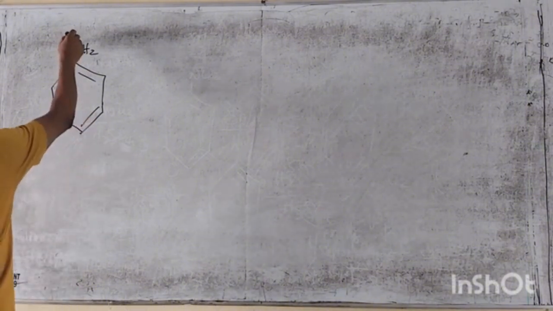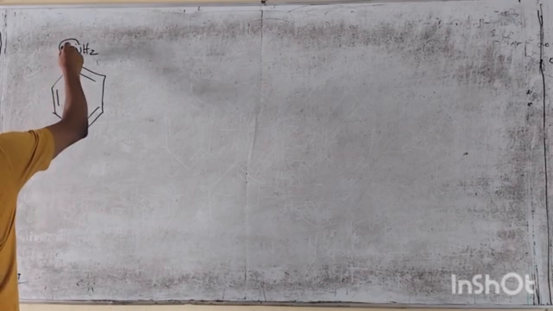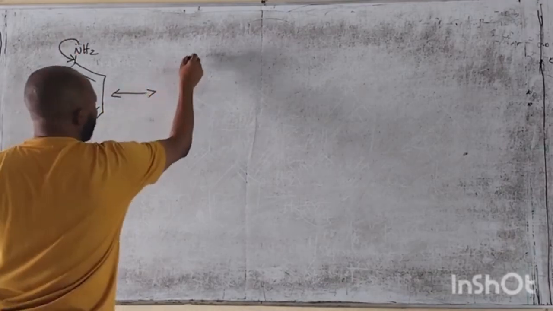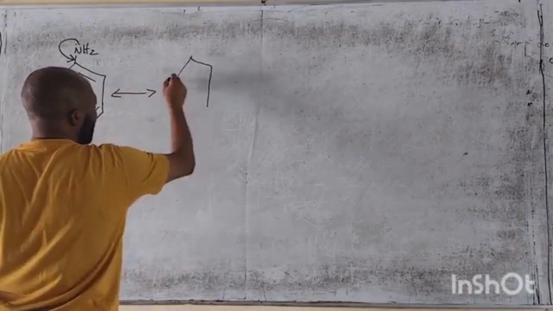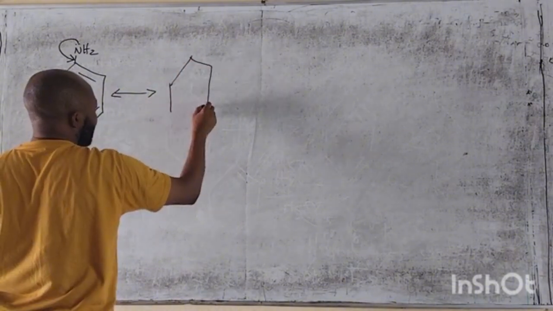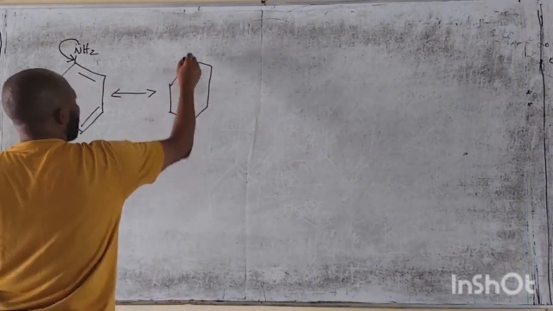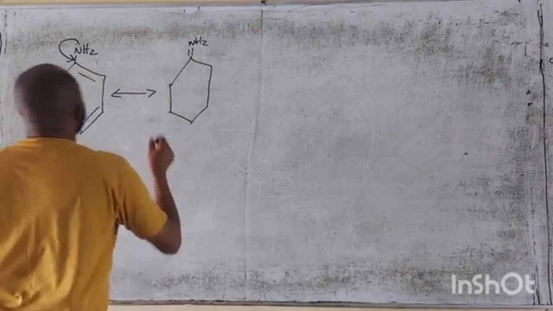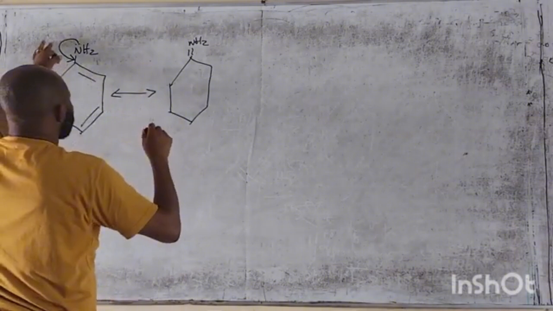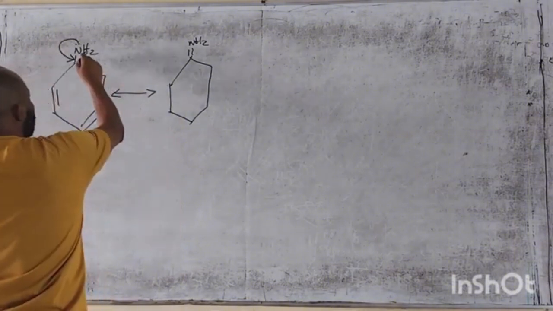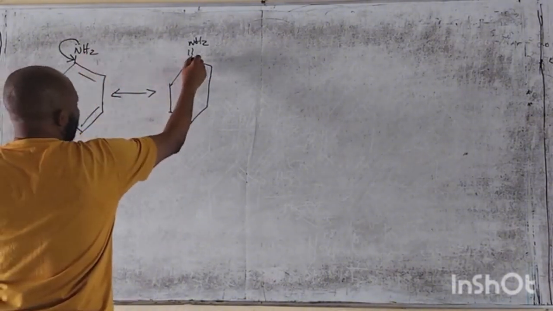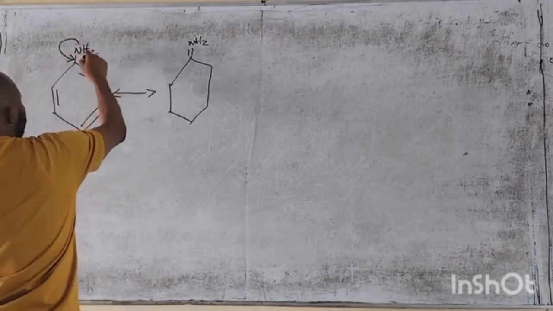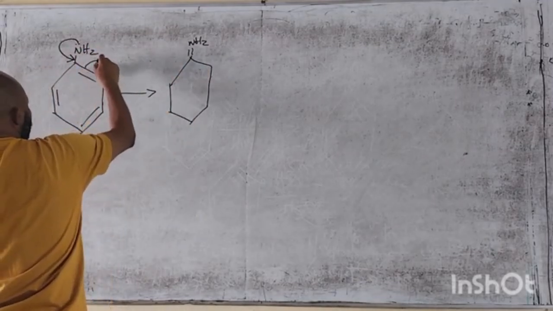So, this moves down here. I have this now on my structure, and I have a double bond here, NH2. Now, as this one comes down here, this one will move down here.